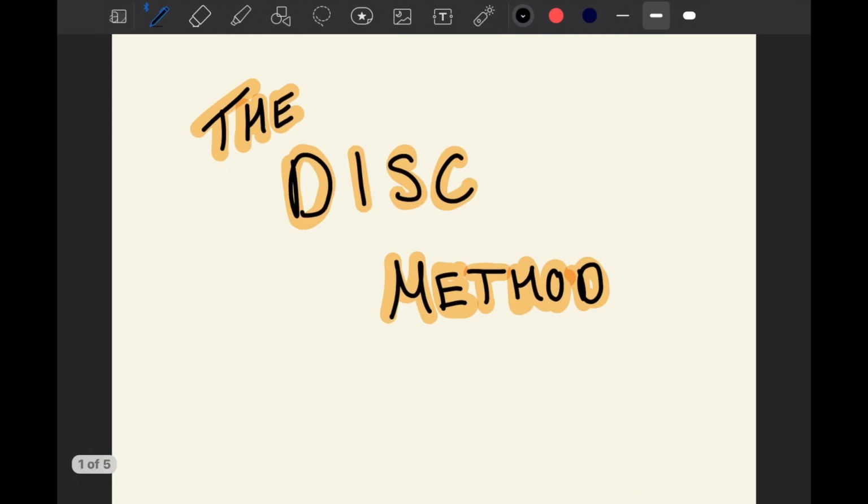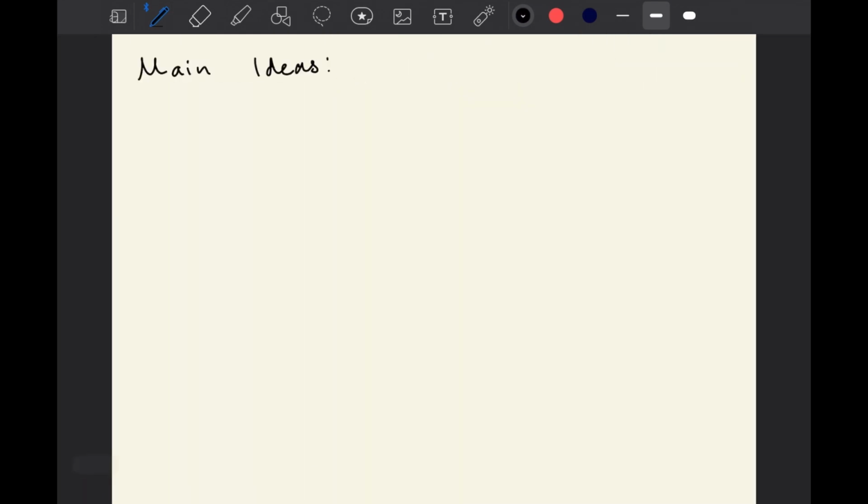The main idea behind the disk method is that you split your function into little disks that each have an infinitely small depth, and this is going to be your dx or dy. Then you find the area of each of those disks, the cross-sectional area.